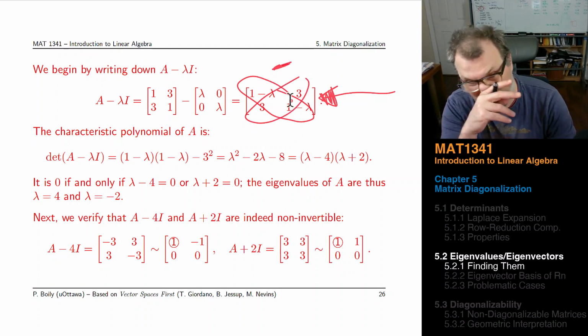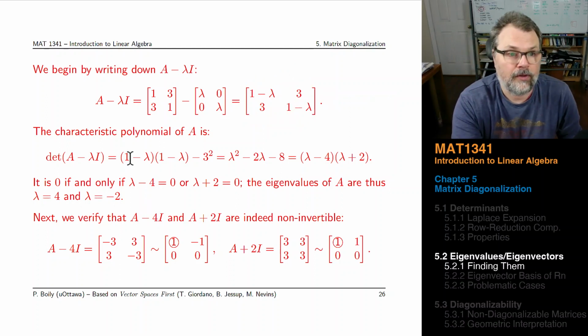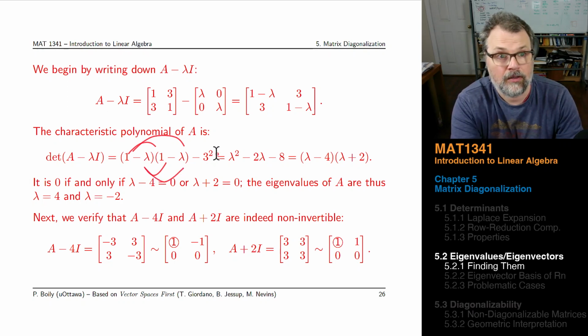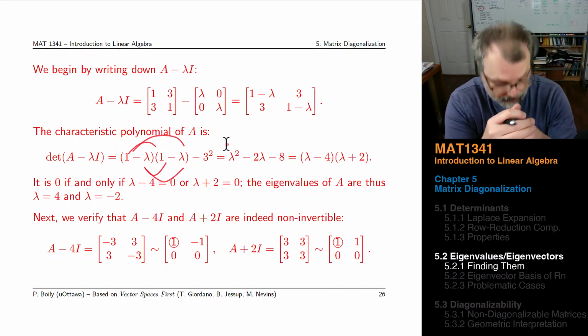Weird cross multiplication. So let's do the expansion fully here. 1 times 1 minus lambda, plus lambda squared, minus 9. Or if you'd rather, lambda squared minus 2 lambda minus 8.